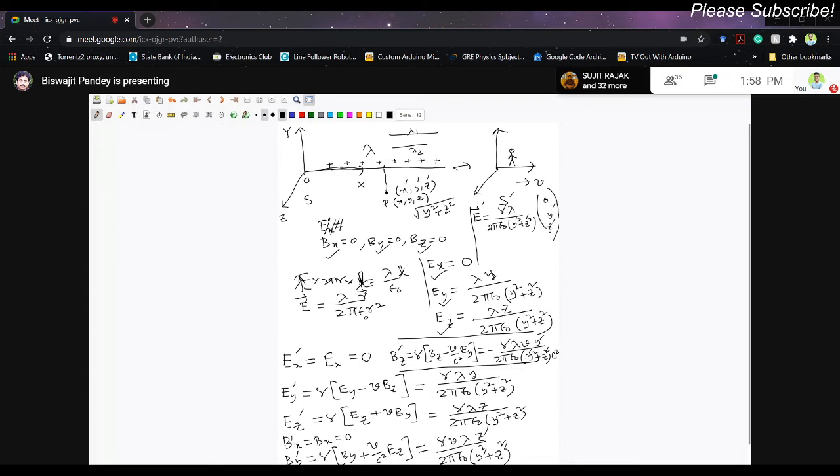This is the electric field, and similarly the magnetic field in the prime frame. I am just summarizing the results that we have calculated here. This is gamma lambda v divided by 2 pi epsilon 0 c square, times y prime square plus z prime square, and then 0, y prime, z, sorry, it's not y prime, this is z prime.